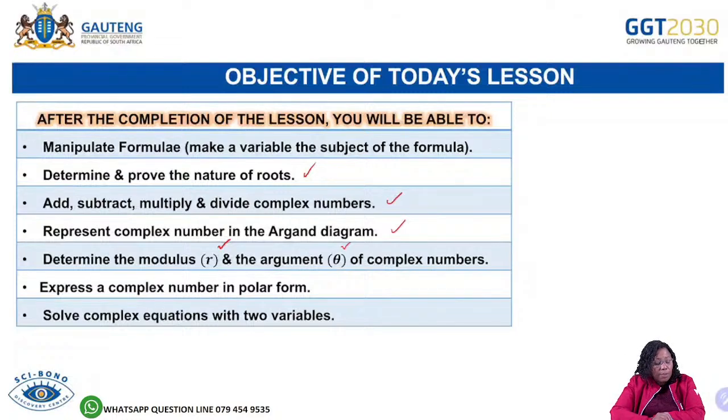And then you must be able to express a complex number in polar form or from polar to rectangular form. And then you must be able to solve complex equations with two variables. This is similar to your simultaneous equations, where you'll be determining the solutions to two unknowns, and in this case it is under complex numbers.